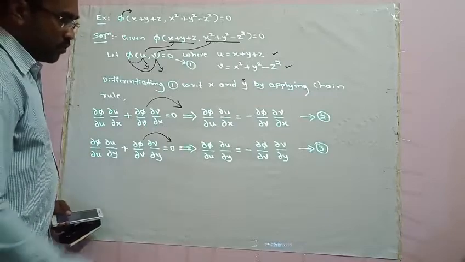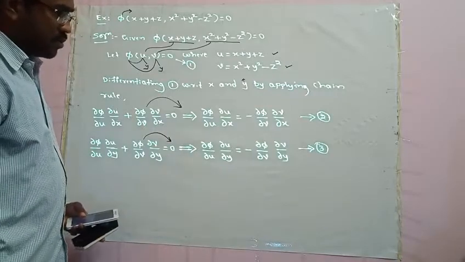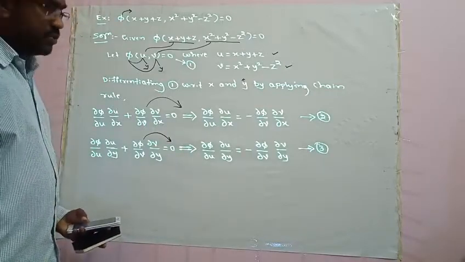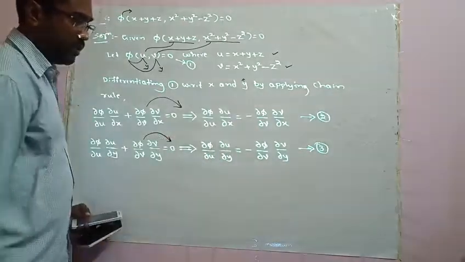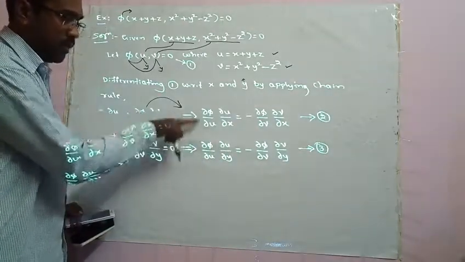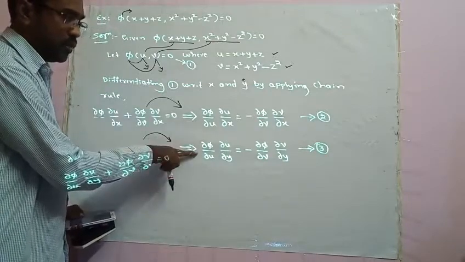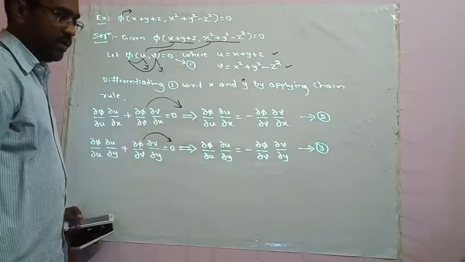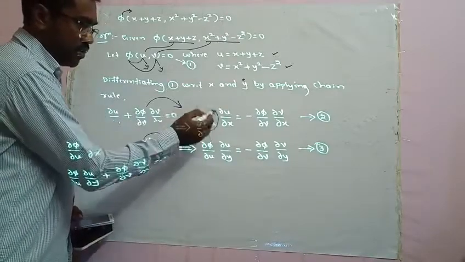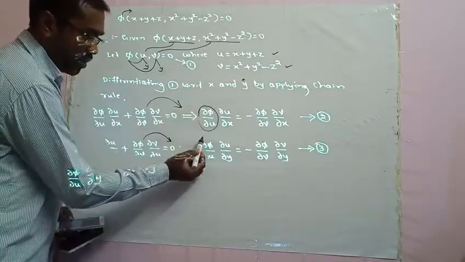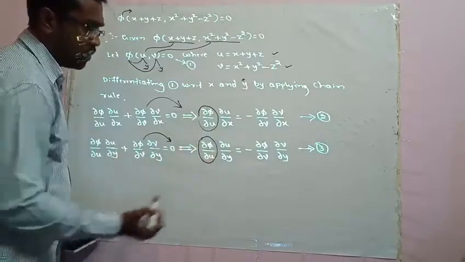Now our main aim is to eliminate phi from the picture. How do we eliminate? We have equations 2 and 3. Here we have dou phi by dou u, and here also dou phi by dou u.